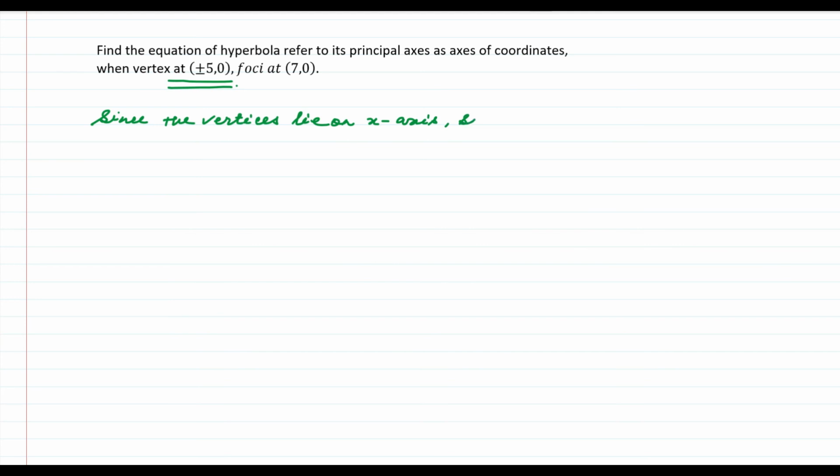so let the equation of hyperbola be x square by a square minus y square by b square equals 1. Now what is given?